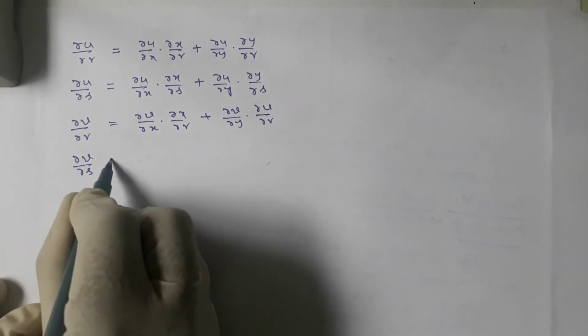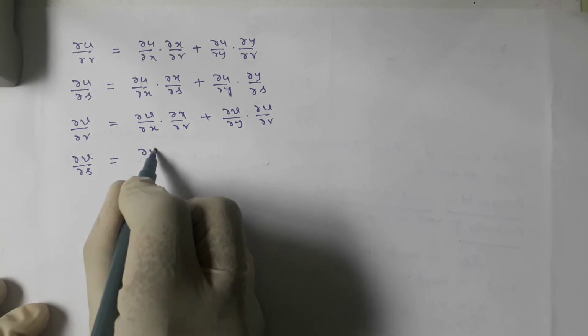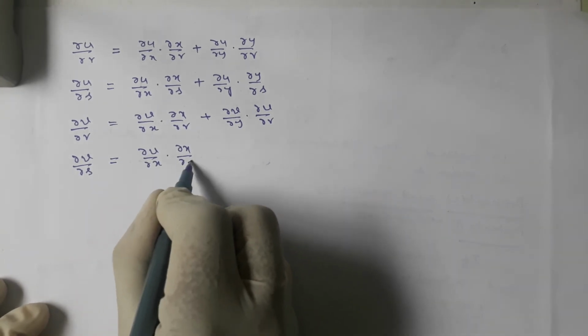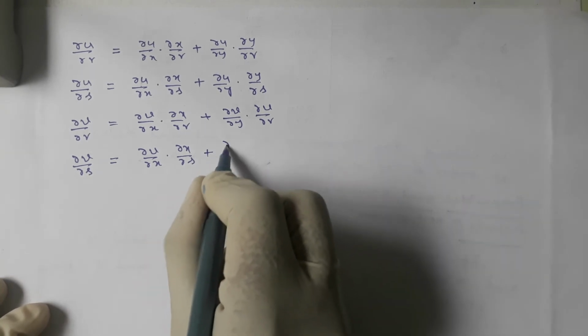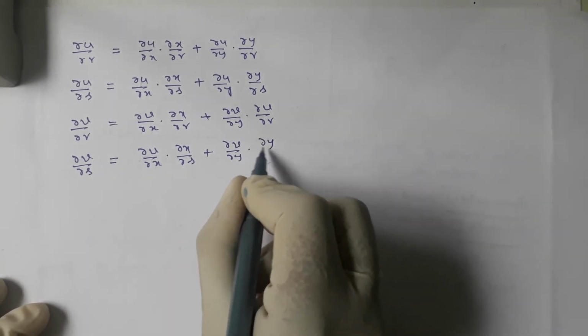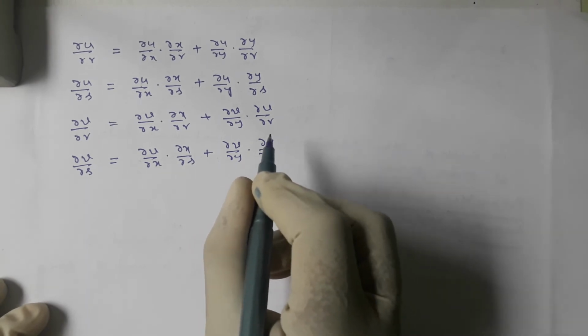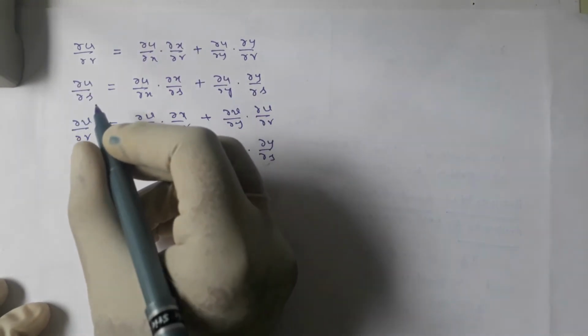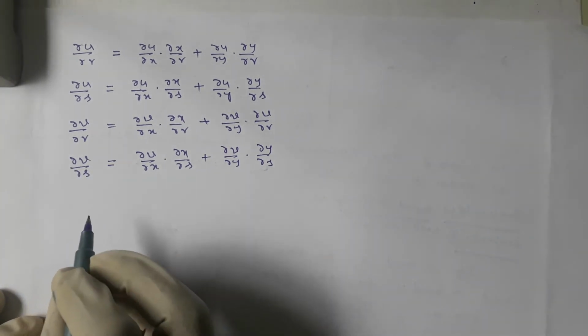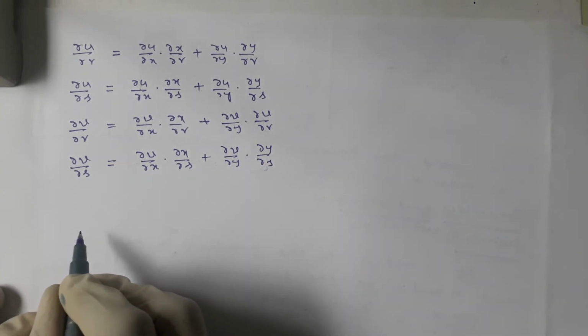With respect to s, the v function can be differentiated: ∂v/∂x into ∂x/∂s plus ∂v/∂y into ∂y/∂s. So like this, the u function is differentiated with respect to r and s partially. Again, the v function can be differentiated with respect to r and s partially.